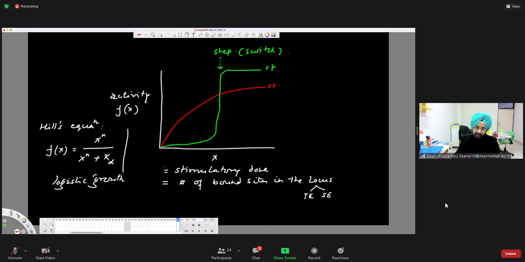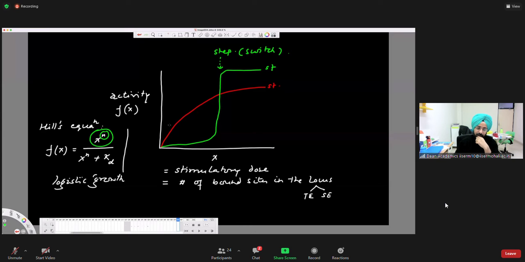So how do we know that this is the case? Through Hill's equation. In the thing that we have plotted here, you can change the n based on how many sites are out here, so the whole x would change accordingly. That's the way we fit it in Hill's equation.